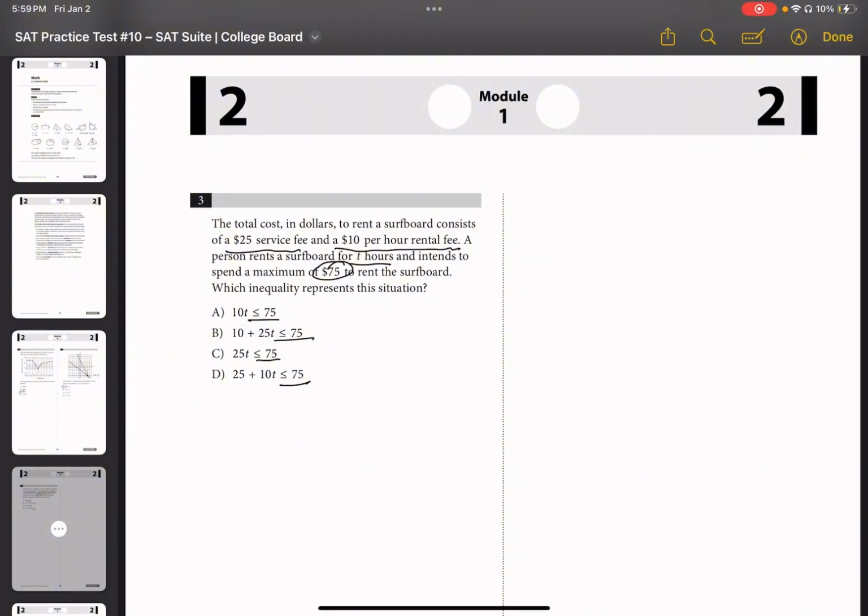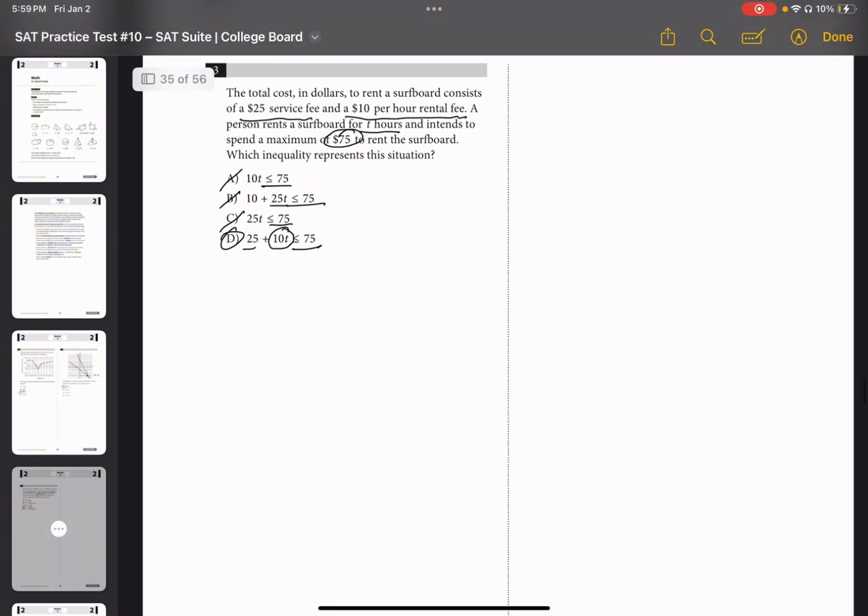And then we have our initial fee of 25, and then 10 times t, the number of hours, per hour. So this one doesn't have plus 25. This does have plus 25, but it's multiplied by t instead of 25 plus 10t. This doesn't have 10, and this would be your answer: your initial fee plus your rate.